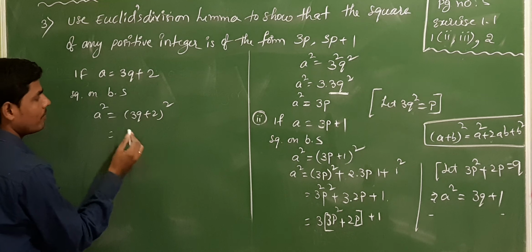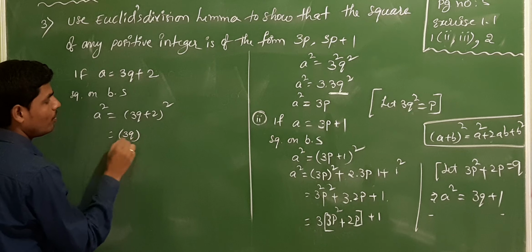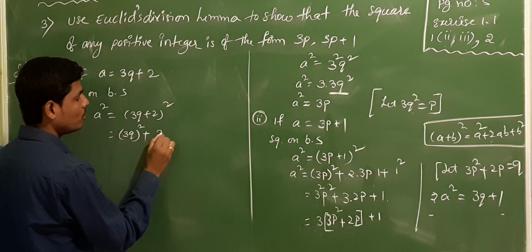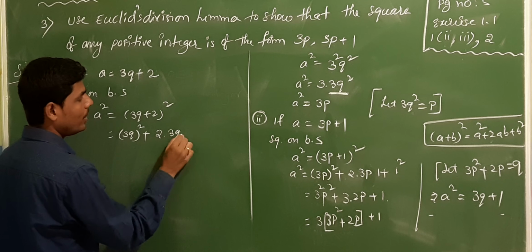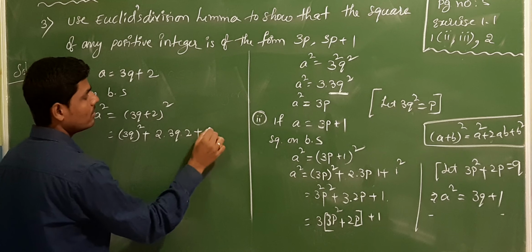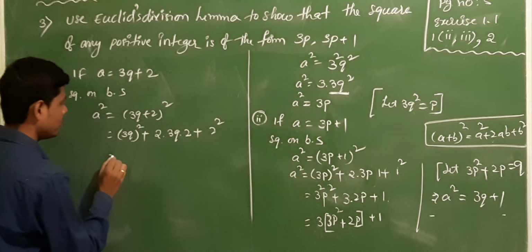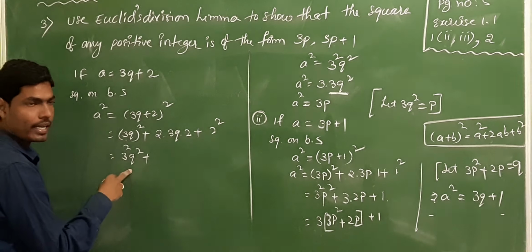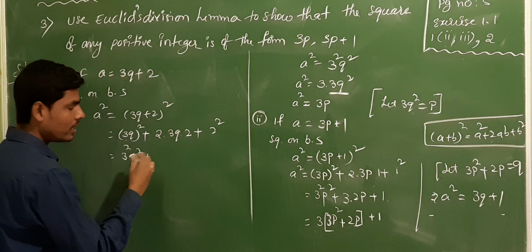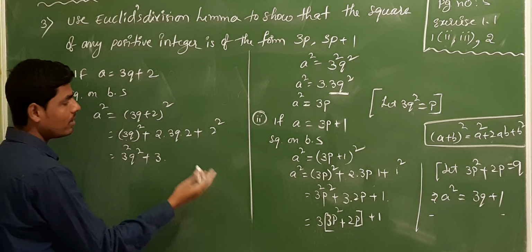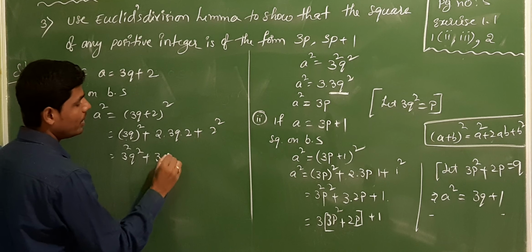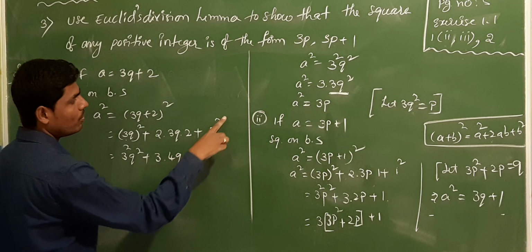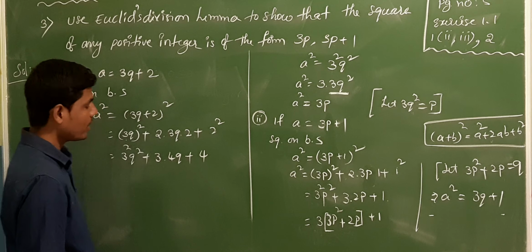Apply that formula here. That is (3q) whole square plus 2 into 3q into 2 plus 2 square. Here 3 square q square, and here take the 3 first and the remaining you write later: 2 into q into 2, that is 4q, plus here 2 square is 4.